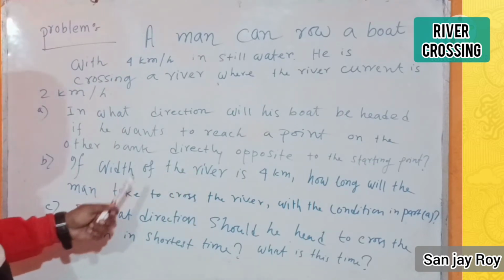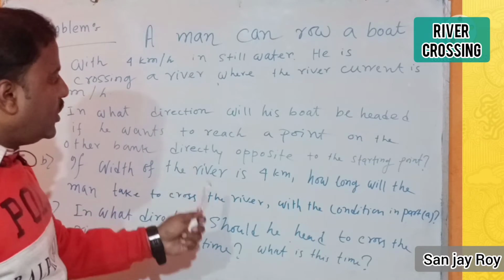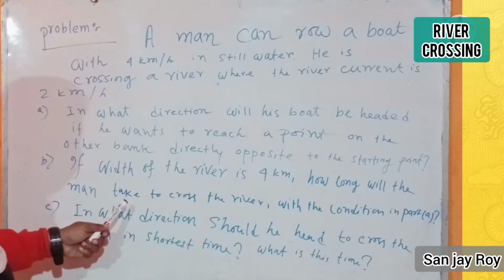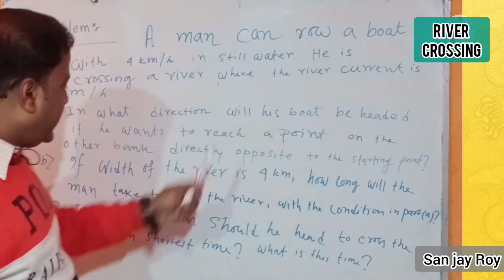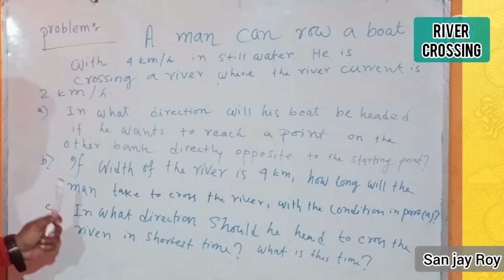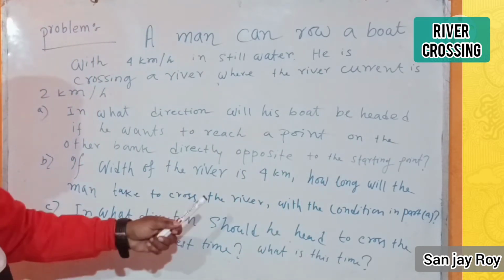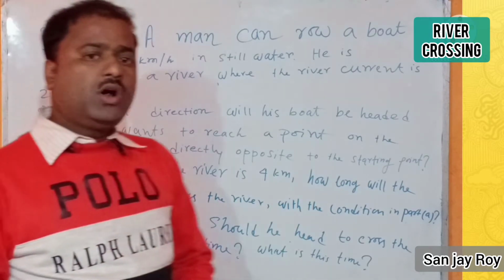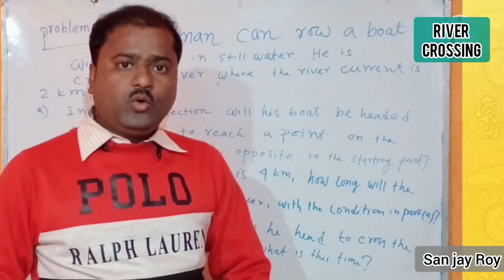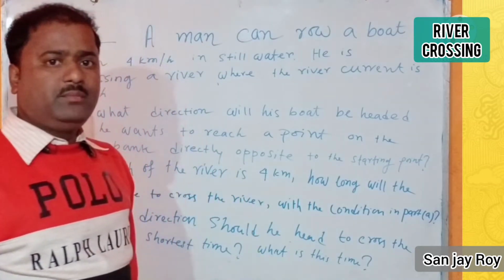If the width of the river is 4 km, how long will the man take to cross the river with the condition in part A? And third question, in what direction should he head to cross the river in the shortest time, and what will be the time? Okay, let's solve this problem.